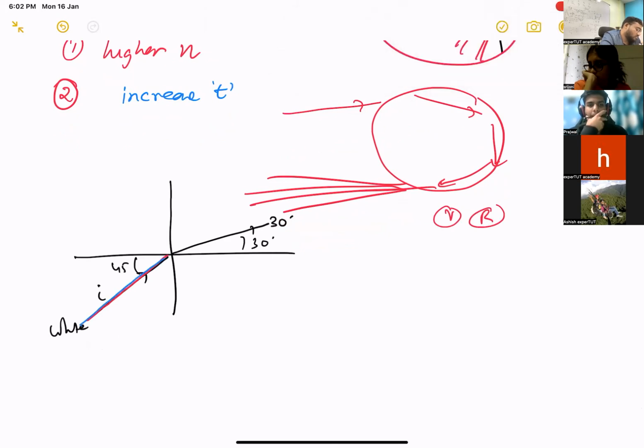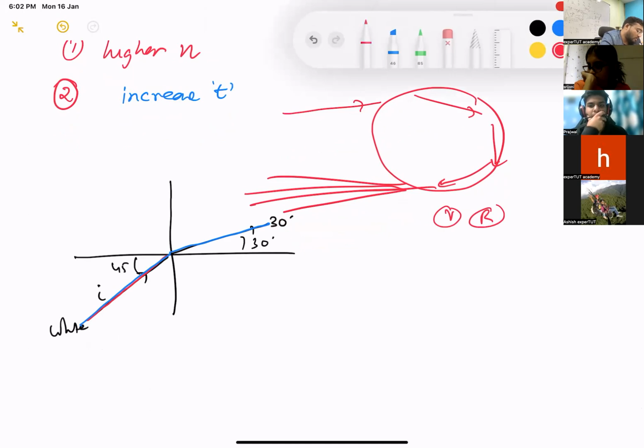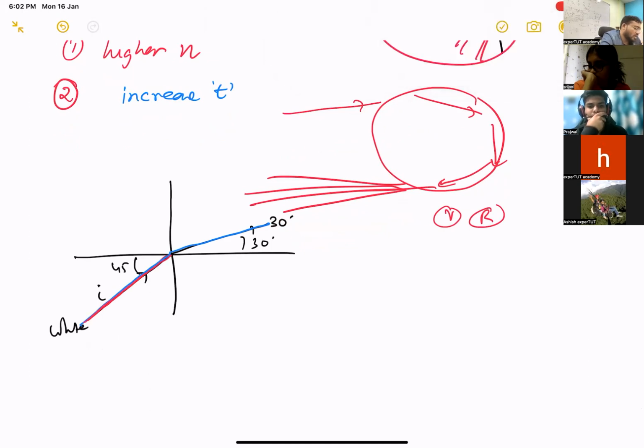Violet will go like this. If violet goes like this, then the corresponding red at 45 degree में red के लिए क्या ज्यादा, red bends less, right? Less. Okay. So it will go somewhat like this. समझ में आया? Right? ठीक.